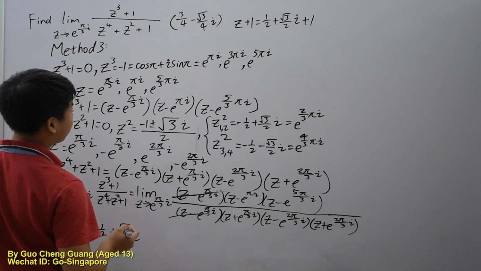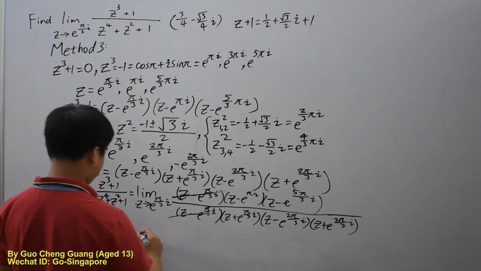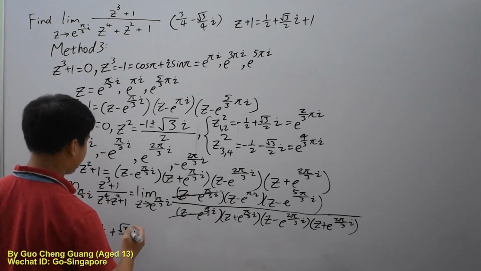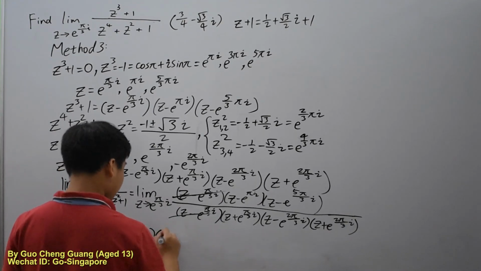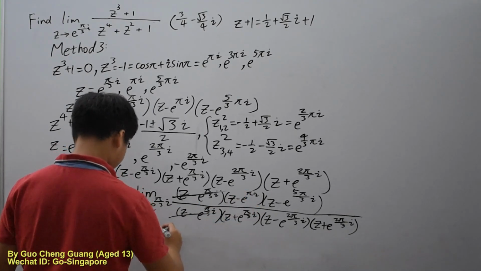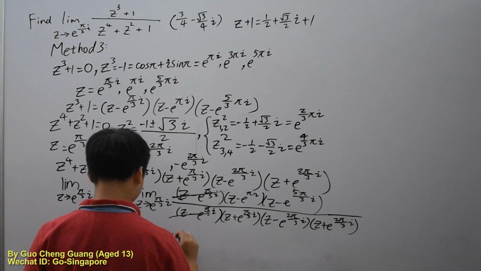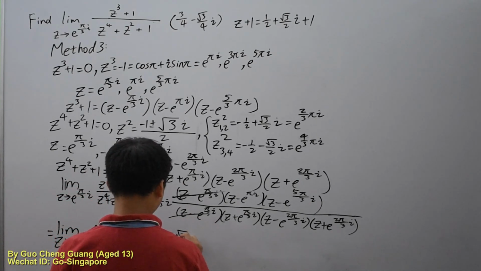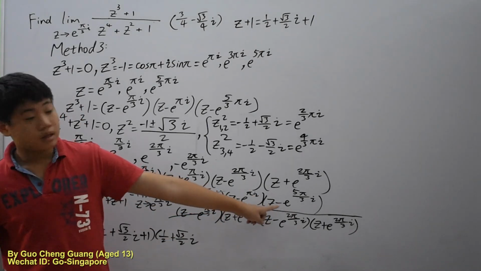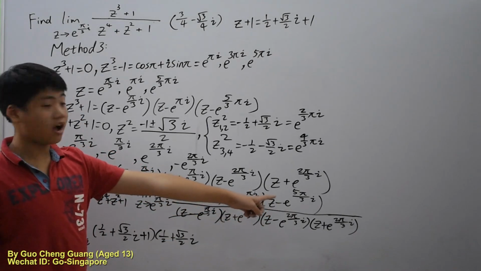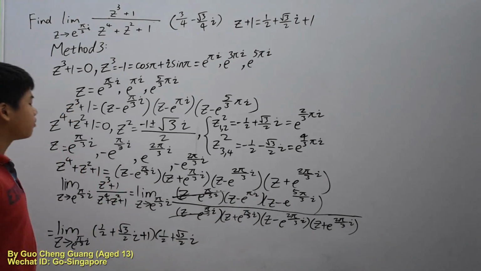E to the power of pi i, that is a negative 1. A negative 1, then a negative again, plus 1. And z, half plus root 3 over 2i. Right? And then this part behind 5 pi over 3i.